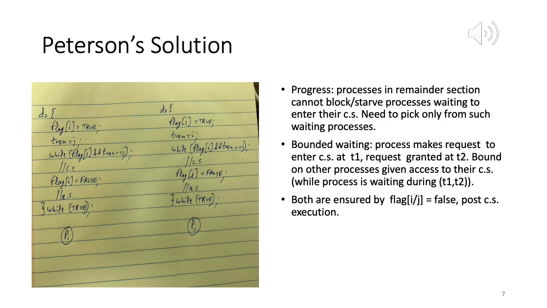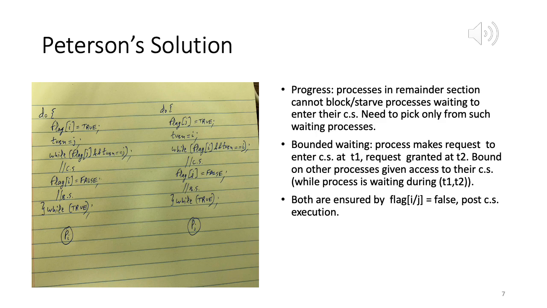If no other process is in its critical section, the process that made the request will immediately be granted access. No problem there. The other scenario is if there are other processes in their critical sections, then the one which just made a request has to wait for some time, and then eventually it will get access to the critical section, right?